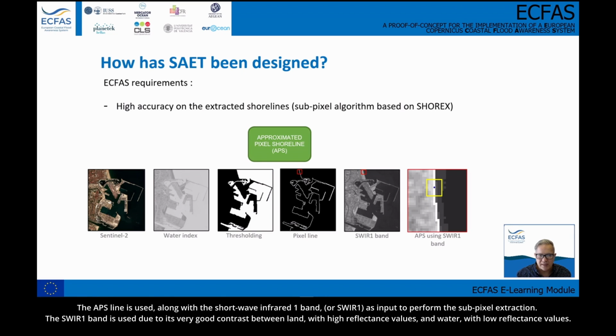The APS line is used along with the shortwave infrared 1 band, or SWIR1, as input to perform the sub-pixel extraction. The SWIR1 band is used due to its very good contrast between land with high reflectance values and water with low reflectance values.